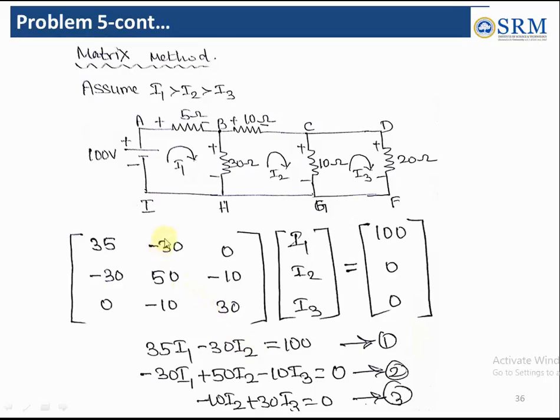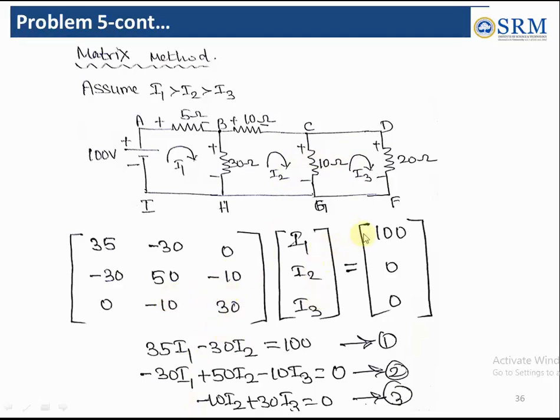R12 is going to be the resistance common to mesh 1 and 2, and the off-diagonal elements are always negative, so minus 30. The same repeats here. For mesh 2 and 3, that is R23, it is minus 10, and the same repeats here.